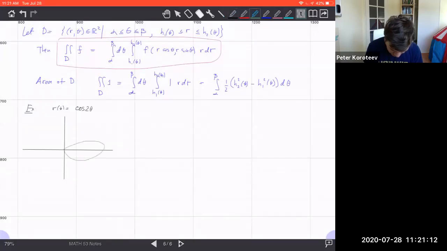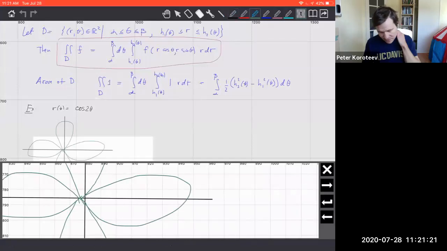It's a four-leafed clover, like a flower with 4 leaves, and it takes pi over 2 worth of angle theta to complete one of those blades.